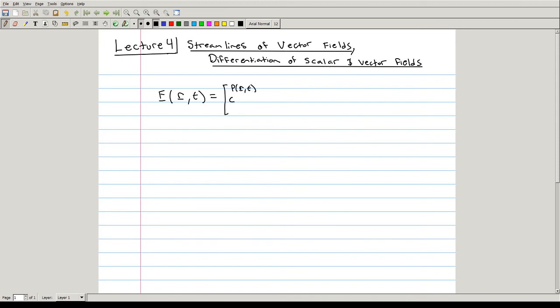The vector field has three components, P, Q, and R, each of which is respectively its own function of position and time. We'll say Pi plus Qj plus Rk.